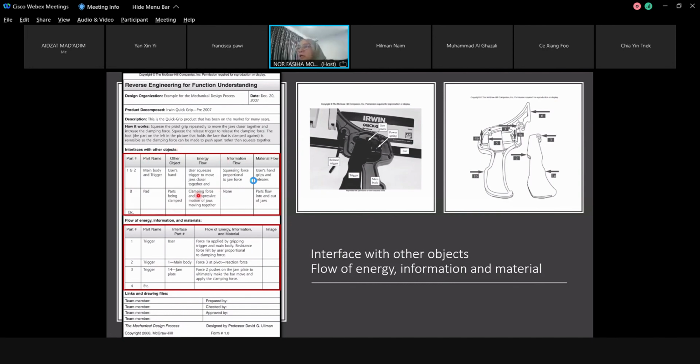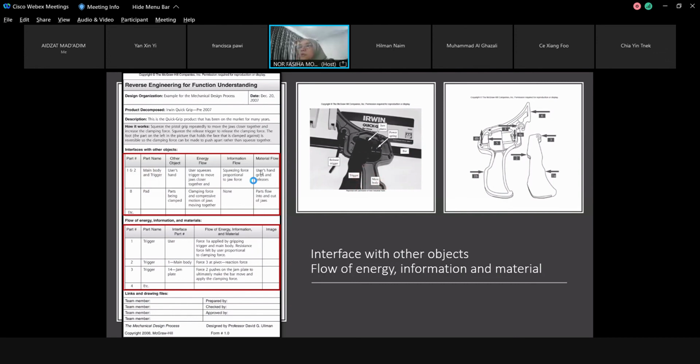As you can see here, there are two parts. The first one is interfaces with other objects. The second one is flow of energy, information, and materials. You have studied and understood the device, you disassemble it, and you name the parts, part 1 and 2, the main body and trigger, for example. So this is the main body, this is the trigger.